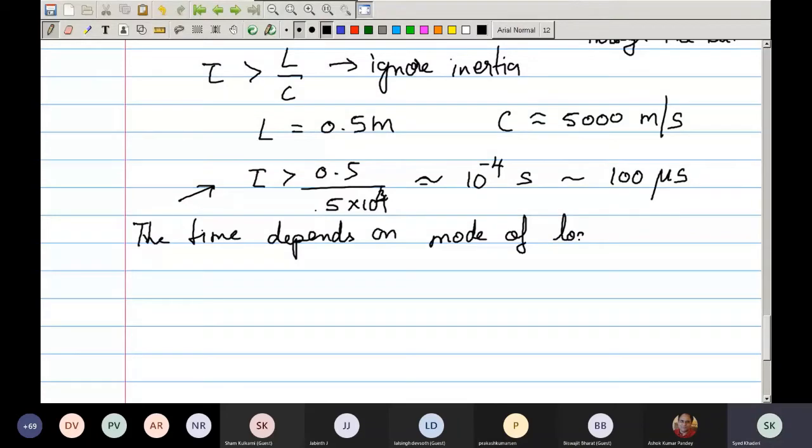I'm sure people who work with vibrations know what modes are. When I say mode here, what I mean is like this. Let's say I have a bar and I apply a load axially, so I am exciting axial modes.